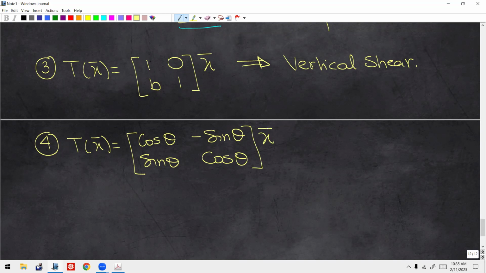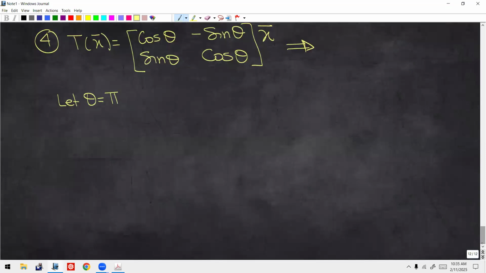Is that okay? So let's see what happens first by doing an example, then we'll write down what's going to happen. So let's say, I'm going to say let theta equal to pi, and just to show you what's going to happen. Okay, pi is a good easy value to work with.